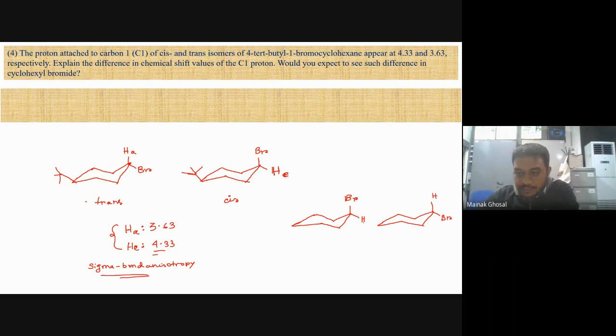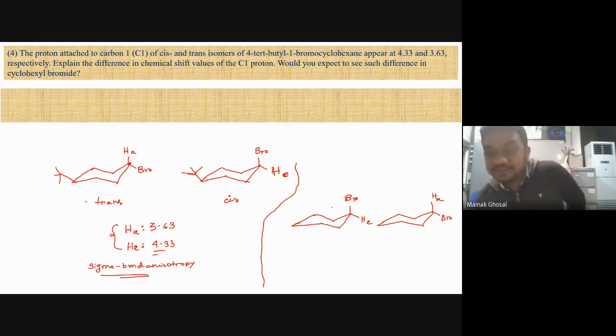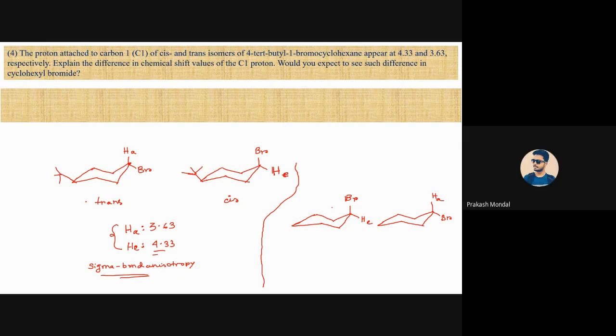So suppose here is HA, HE. So in this case, you have correctly explained what will happen. Now coming to the right side, where there is cyclohexyl bromide, what will you expect? There will be 2 different protons. What do you expect? No, sir, there will be one type of proton.